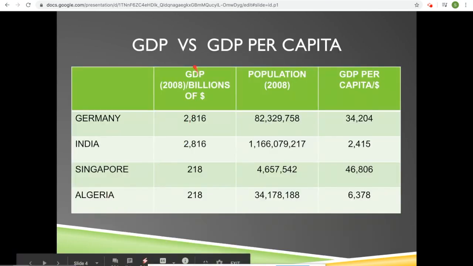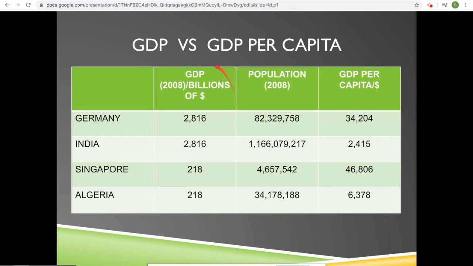Okay, so this is the GDP of some countries. I know it's back in 2008, that's pretty old, but this is for Germany, India, Singapore, and Algeria. If you look at GDP versus GDP per capita. Now, what is the meaning of per capita? It's simply the GDP per person.